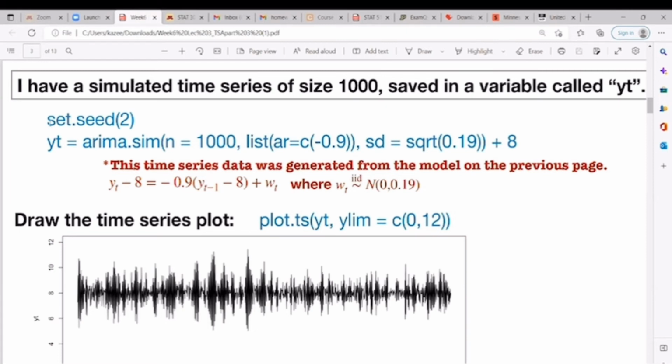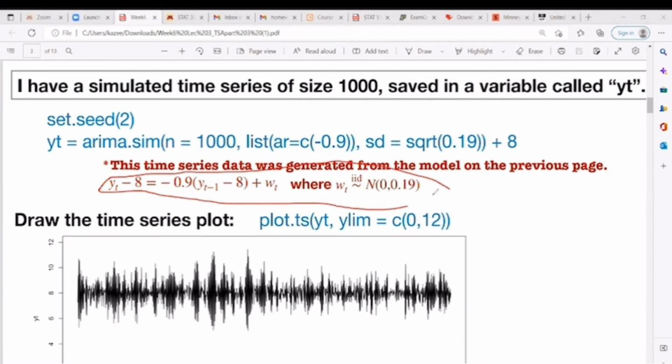Okay, take a look at this now. I want to simulate a data set, and in my simulation, this is what I want to take a look at. You have a time series model giving us this.